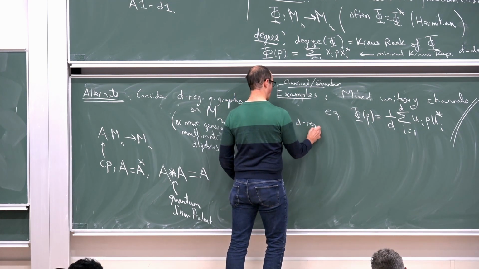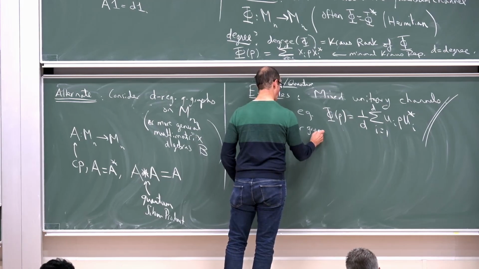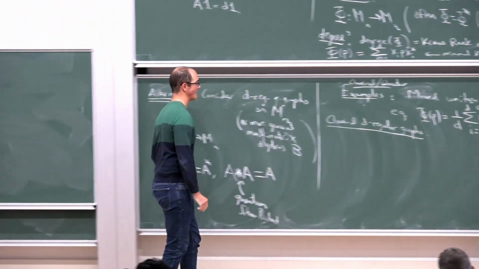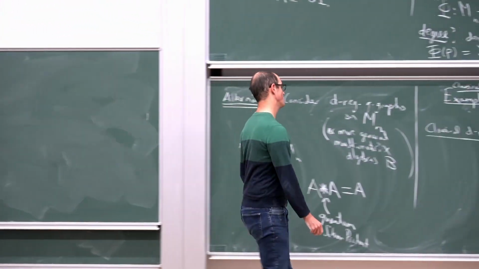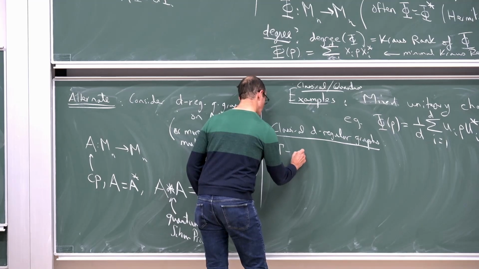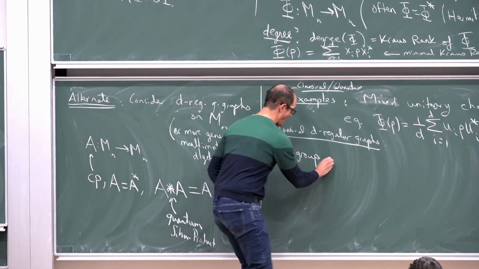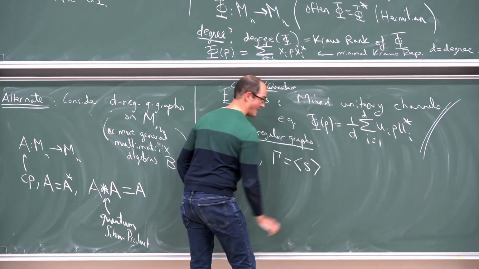Well, a natural way to construct these is by looking at Cayley graphs of groups, and Schreier coset graphs as well. So gamma is a group, and let's say gamma has a symmetric generating set which is finite.